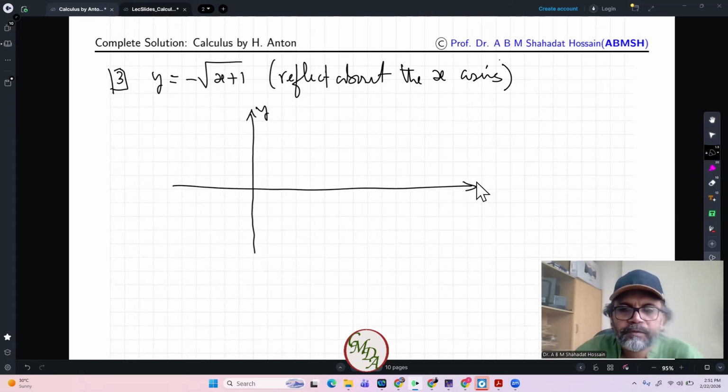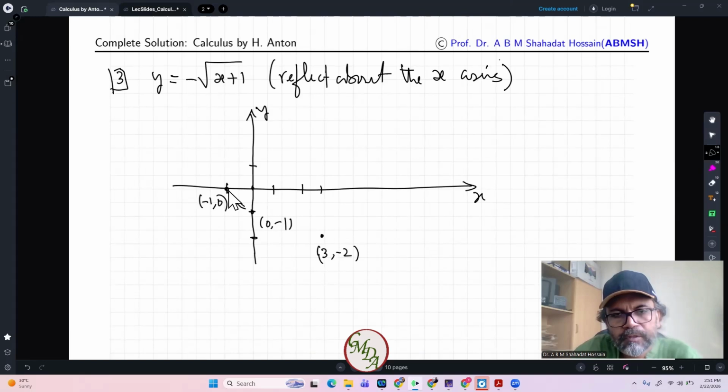So whatever we get at -1, 0, the reflected y value, negative 0, is 0. At 0 we get 1, now we'll get -1. For 3, we got 2, now we'll get -2. This is a reflection about the x-axis. So the graph is now this. Okay, so this is the graph for this case.